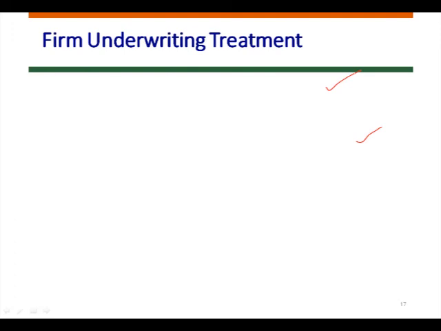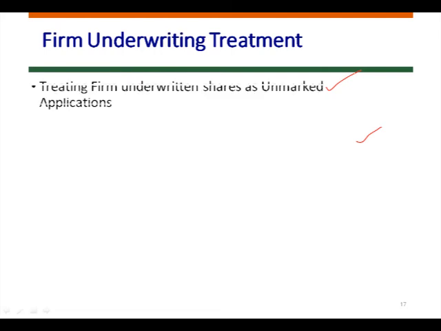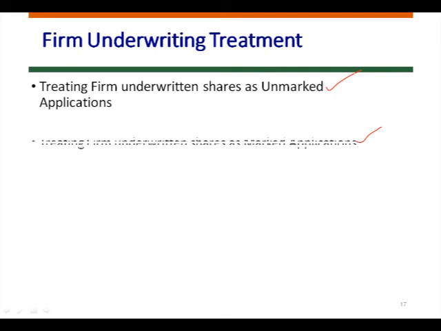Firm underwriting treatment. So firm underwriting is treated in two ways. Firstly, treating firm underwriting shares as unmarked applications, and second, treating firm underwriting shares as marked applications. In the first case, this is treated as if the firm underwritten shares are subscribed by the public, and in the second case we are giving the advantage of the firm underwritten shares as marked applications.